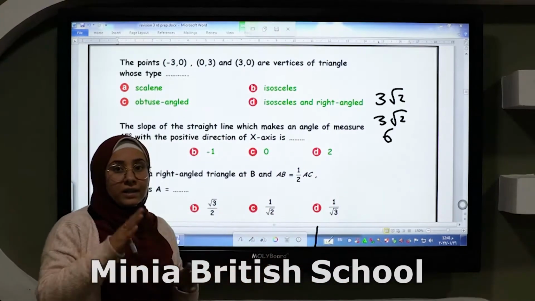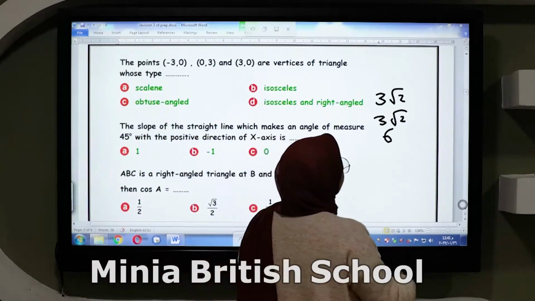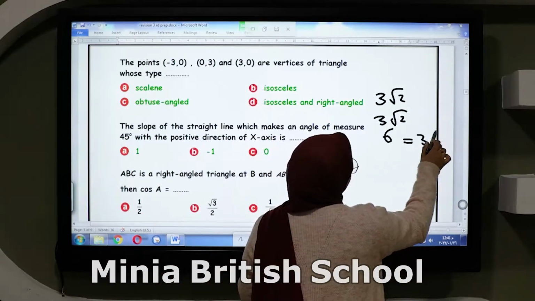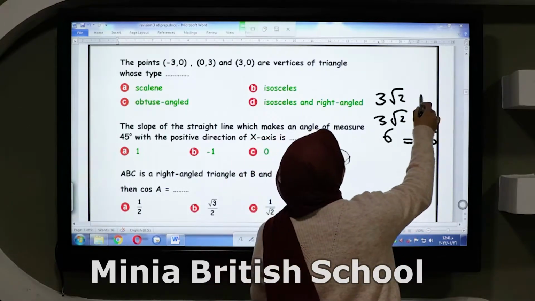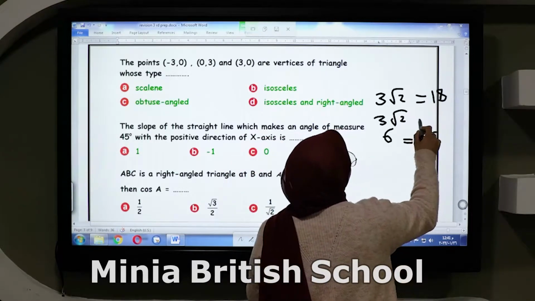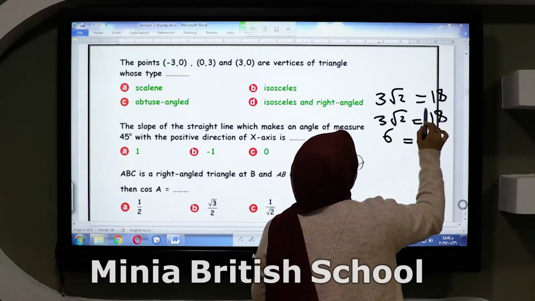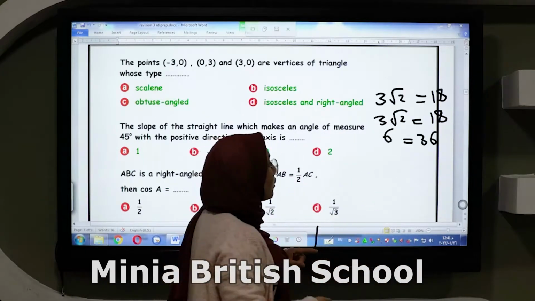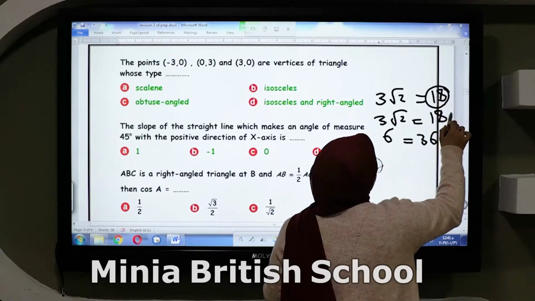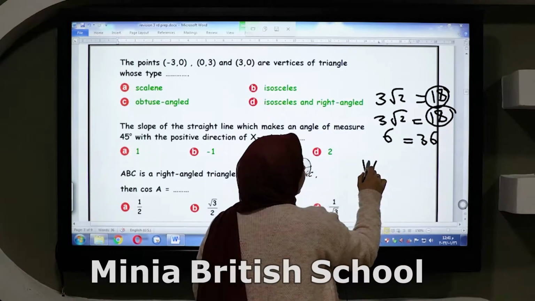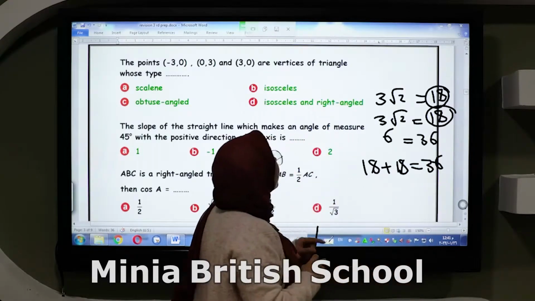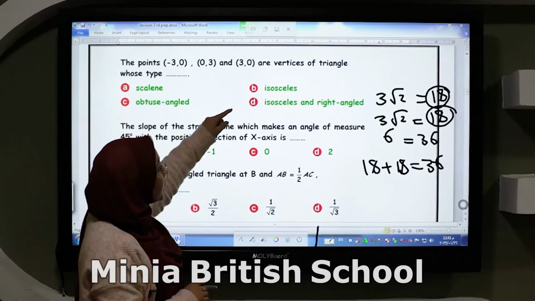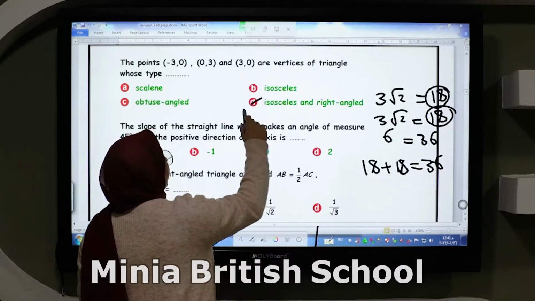If you find the squares of the sides, the square of 6 equals 36, and the square of each of the other sides equals 18. So the sum of the two squares, 18 plus 18, equals 36. So the triangle here is an isosceles and right angle triangle.